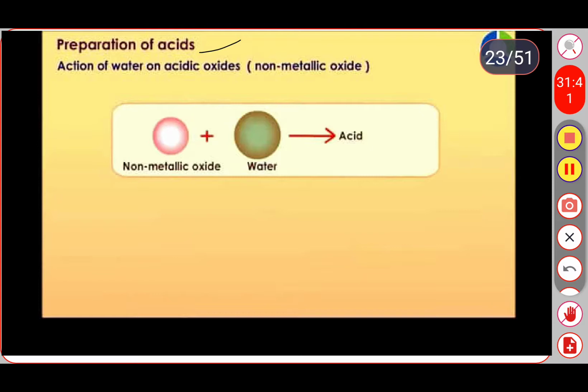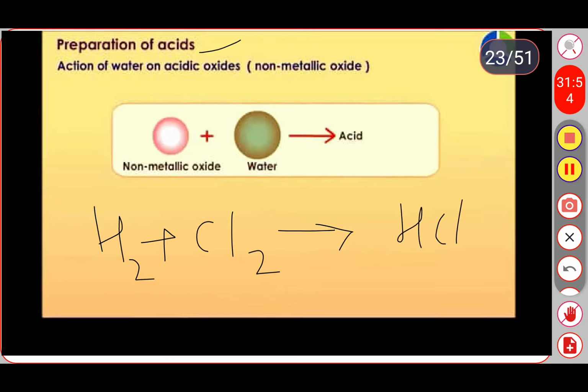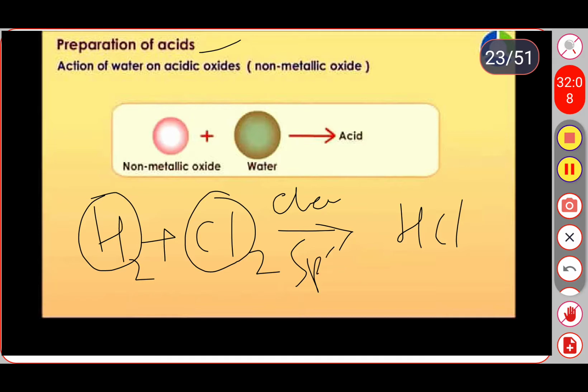For example, when hydrogen and chlorine combine together, it forms HCl. When hydrogen atoms and chlorine atoms are combined together with the help of an electric spark, we get hydrochloric acid.